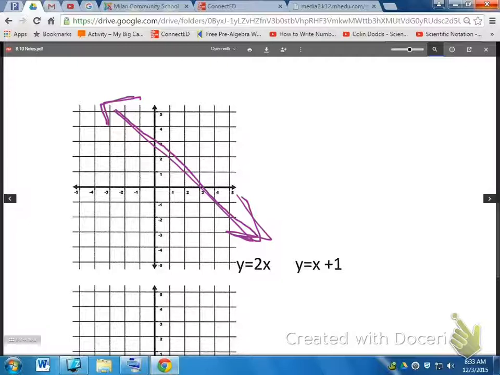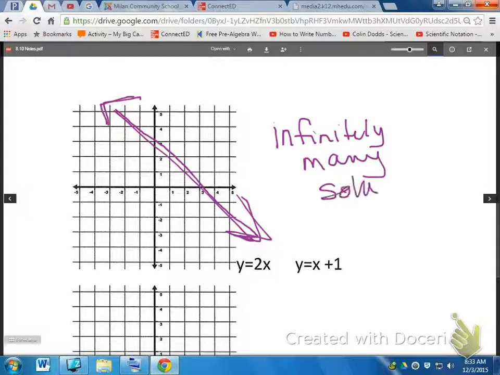All of them? Here's what that's called: infinitely many solutions, because it's all of them and lines are infinite. You could say IMS. So those cases of empty set and infinitely many solutions are pretty rare, but you just need to know that they do exist.